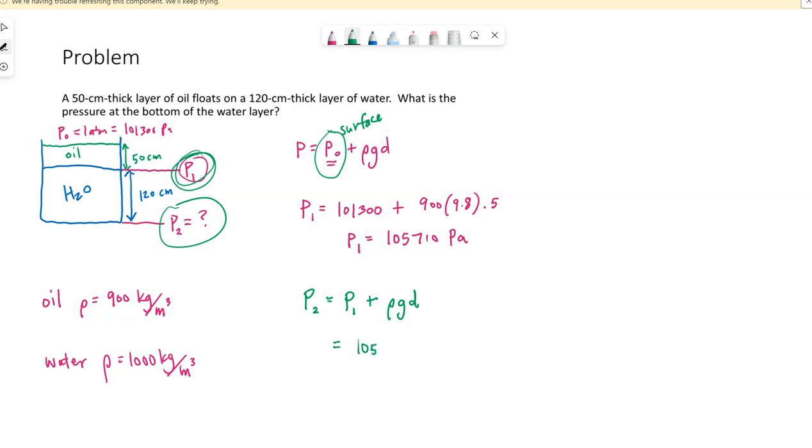So this is accounting for the weight, that pressure due to the oil layer. So now we're talking about going down into the water. So the density I want here is the water density, because we're finding the pressure at the bottom of that water layer. The depth I want in meters, so 1.2 meters.